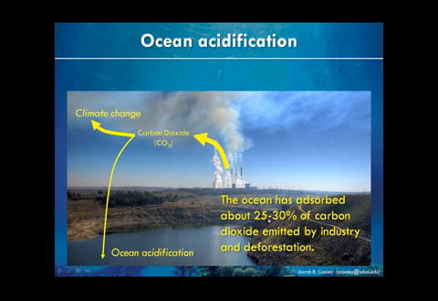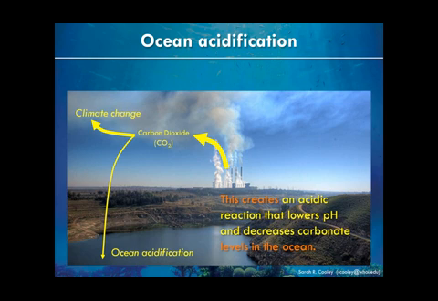And so if the oceans absorb about 25 to 30% of the carbon dioxide emitted, what happens to that? Well, you hear a lot about climate change in the temperature, and Ian referred to this. The other effect is that CO2 goes into the surface of the ocean and dissolves across the air-sea interface, and so then becomes dissolved in seawater.